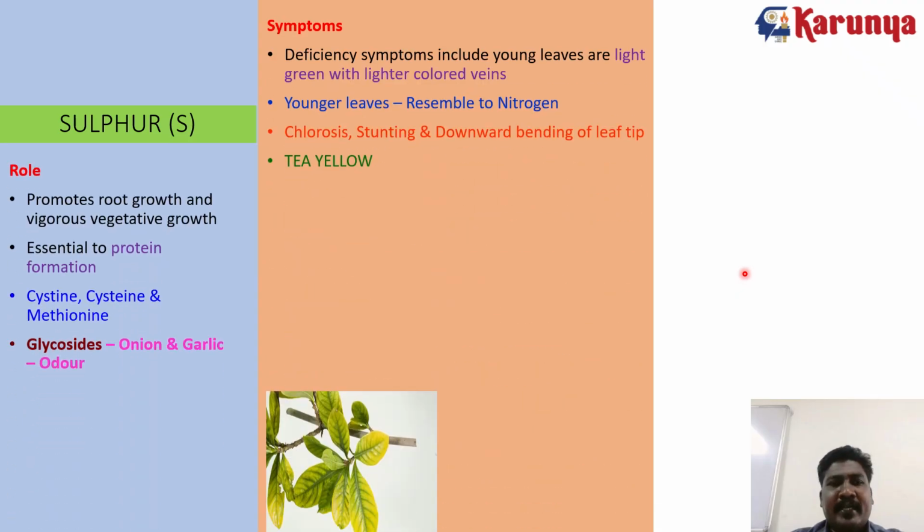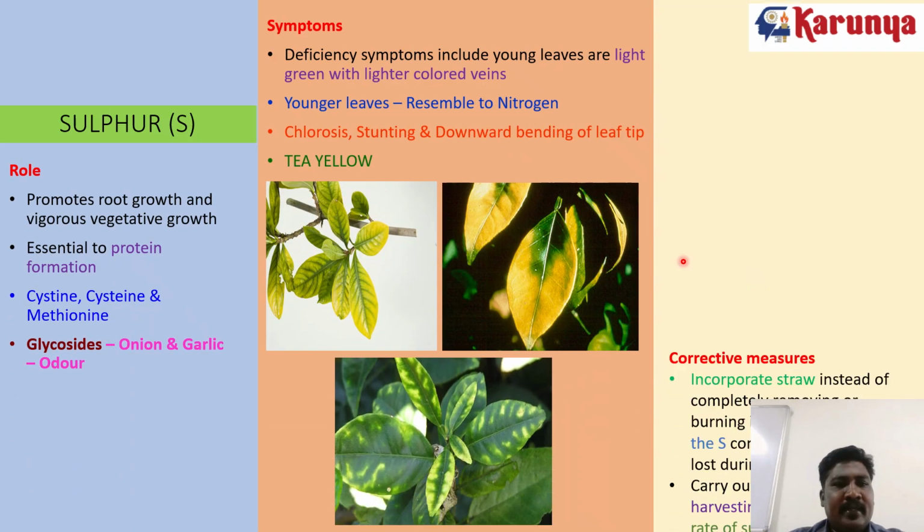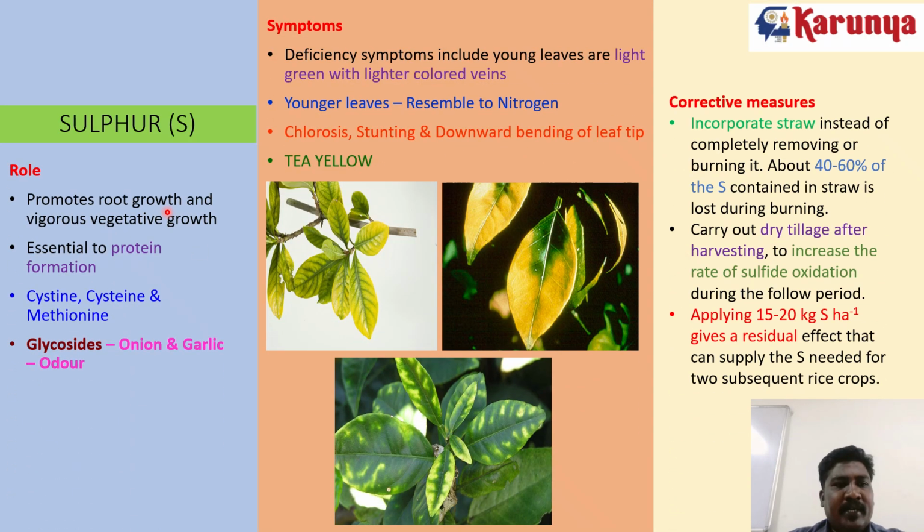Next, very important element is sulfur. The sulfur is involved in root growth and vegetative growth, also in essential protein formation, and it is involved in cysteine and methionine amino acids. They are sulfur containing amino acids.